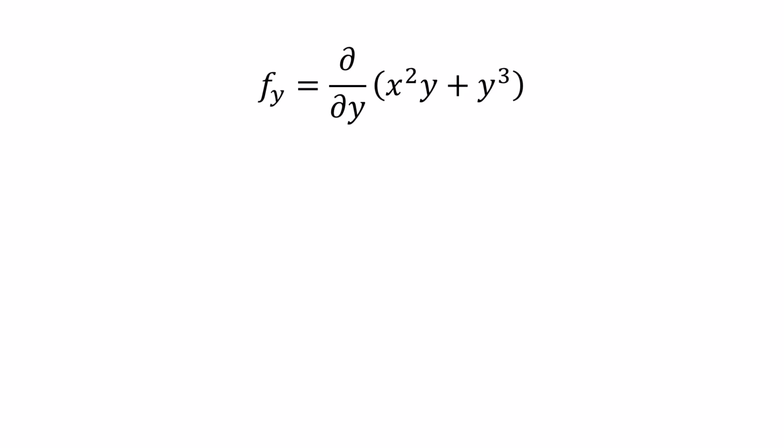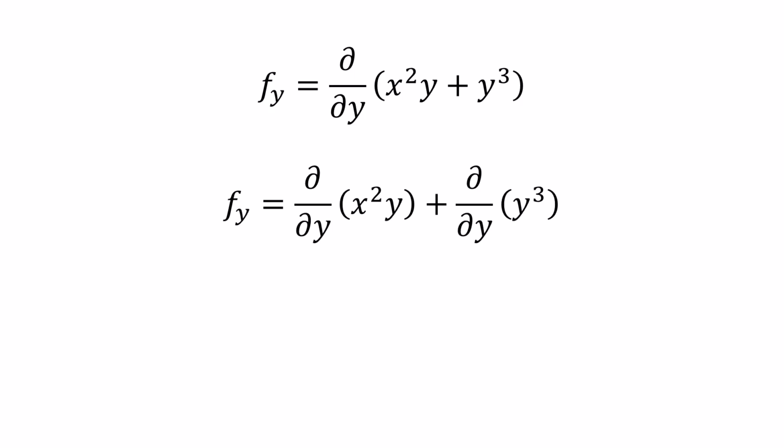Next, we find the partial derivative with respect to y. We begin by applying the sum rule to obtain f sub y equals d by dy of x squared y plus d by dy of y cubed.